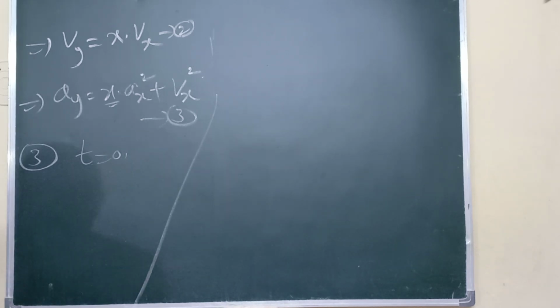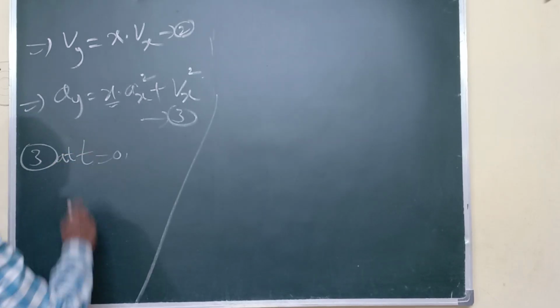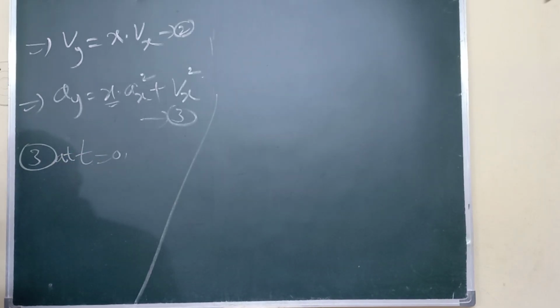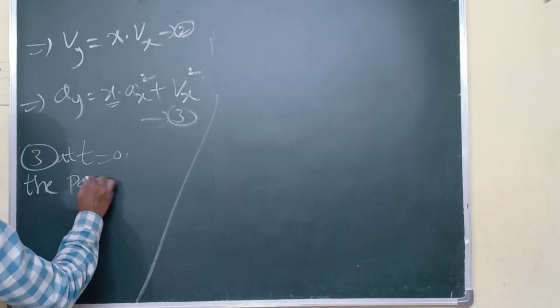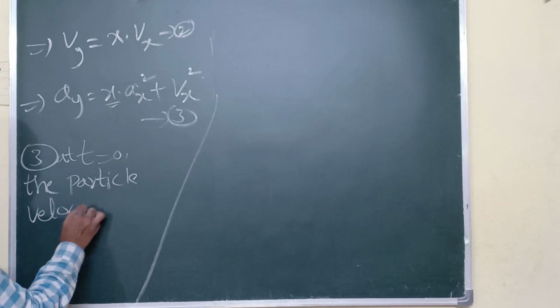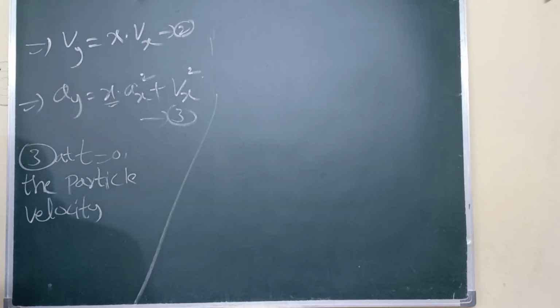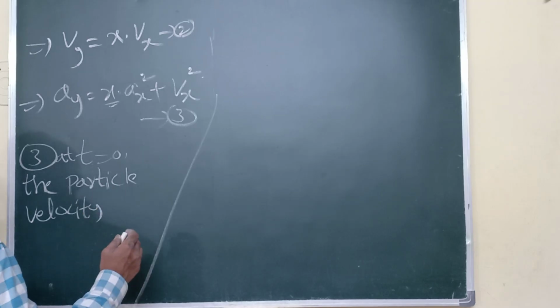What is given? At t equals to 0, the particle's velocity is along x direction.